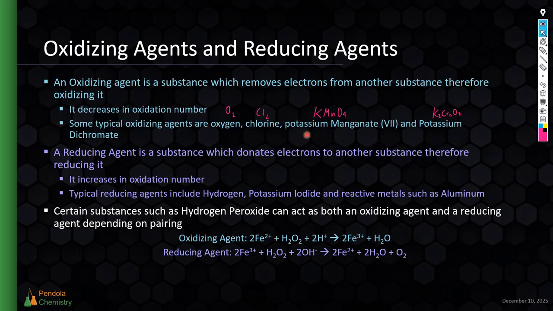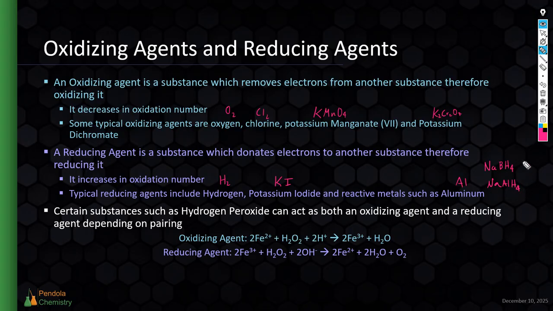Some typical reducing agents include chemicals like hydrogen, and again, we're talking about hydrogen gas here, so H2. Potassium iodide, so KI, and reactive metals like aluminum. Once we get to organic chemistry, we'll see some other very common reducing agents like NaBH4, as well as NaAlH4.